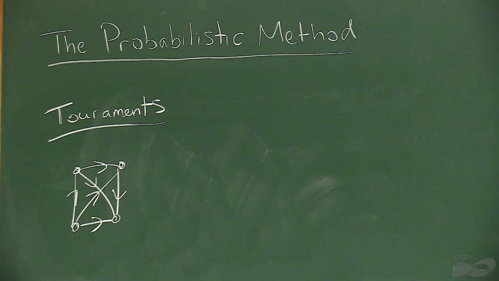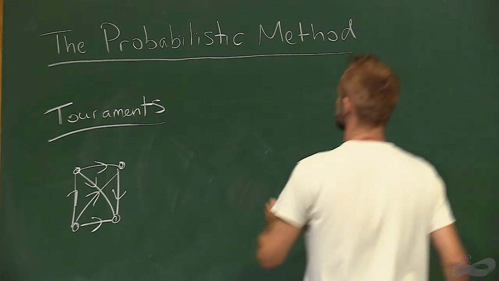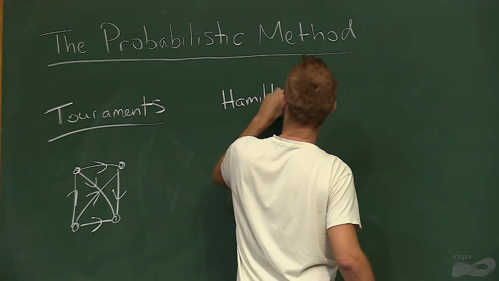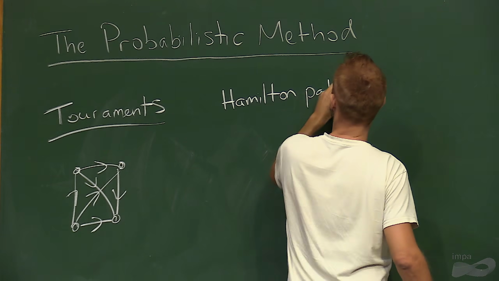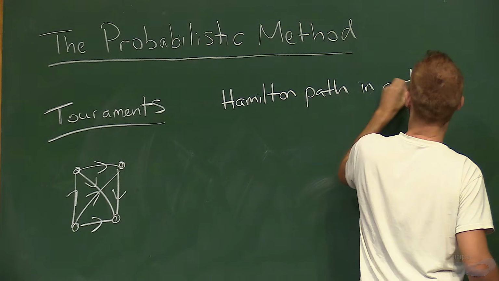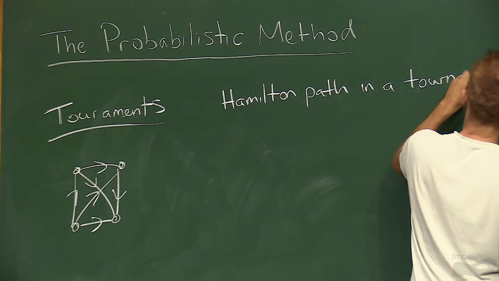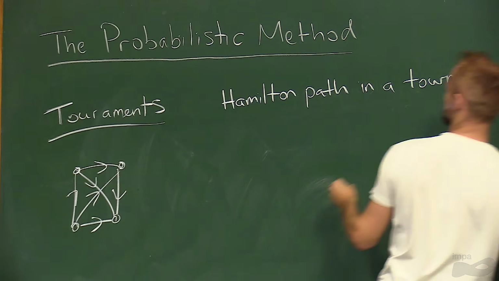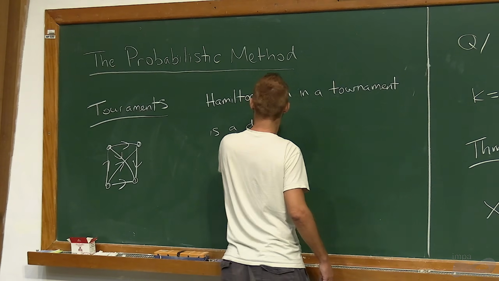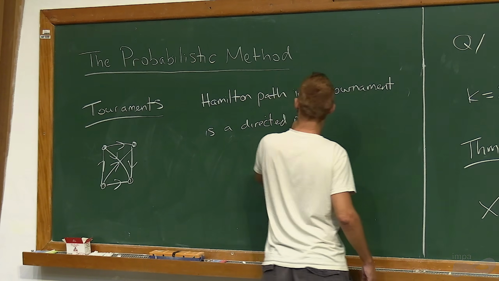What is a Hamilton path in a tournament? It is a directed path with n vertices.